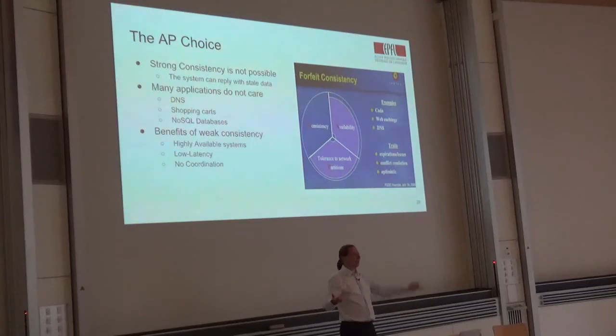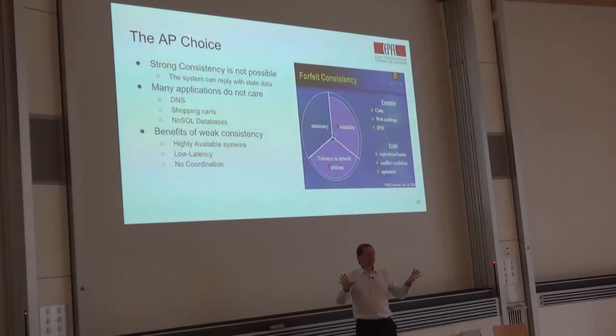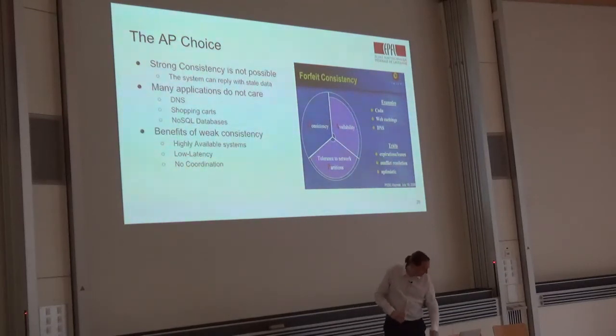If clients are making requests to this one on this side of the partition and clients are making requests to that one on that side of the partition, we want both of those nodes to be responding independently. That means we want availability, but because we also want partition tolerance in this example, they have to be able to respond even though they are not able to coordinate with each other, right? And so that's why we can't get consistency in general in that model.